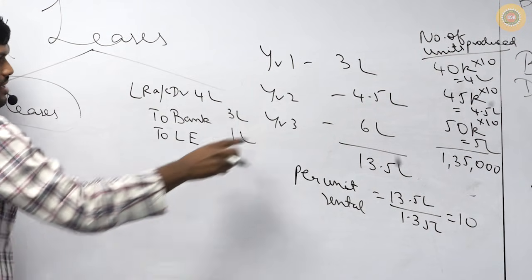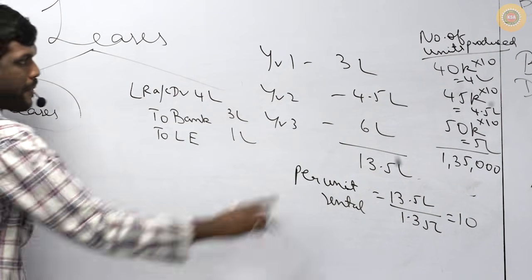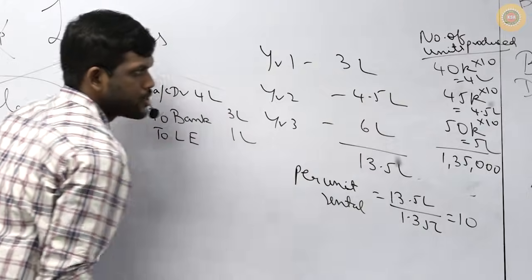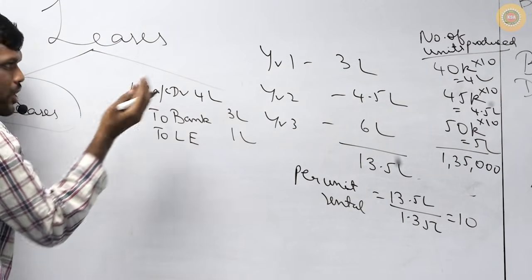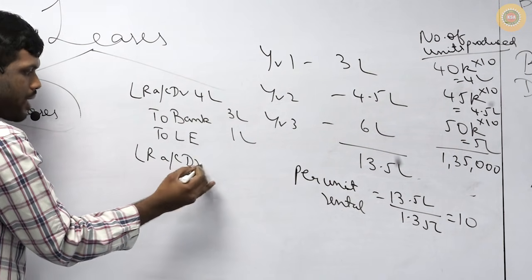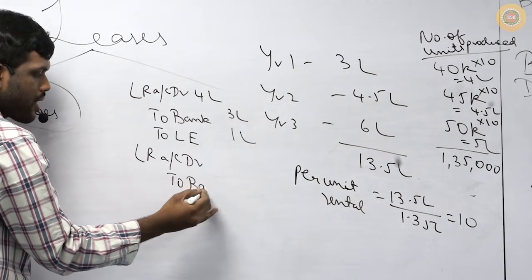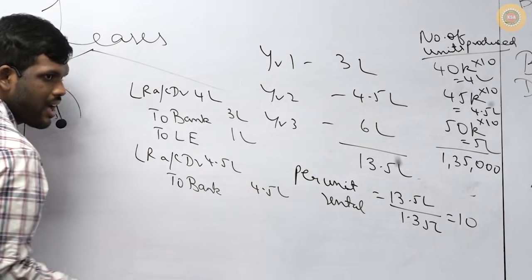Second year, I am producing 4.5, I am paying 4.5 lakhs. I am also producing 45,000 units. So there also the expense is 4.5. Lease rent account debit to bank account 4.5. Correct?